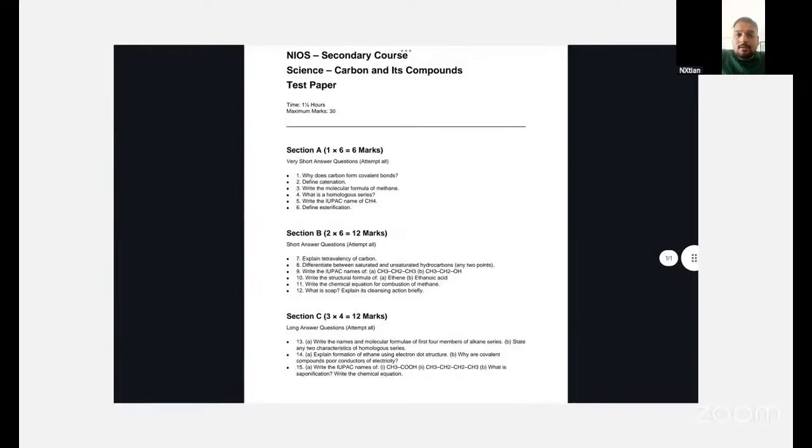So it cannot gain 4 electrons either, because carbon has 6 electrons, and if it gains 4 electrons, that makes 10 electrons and 6 protons in the nucleus, which is also a very unstable condition. So it cannot go for the cation, it cannot go for the anion, hence it goes for covalent bonding. This is the answer.